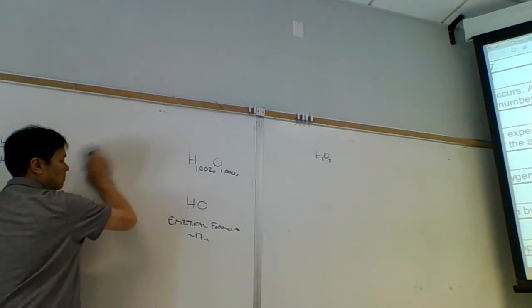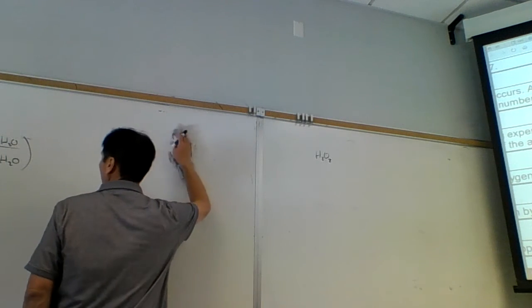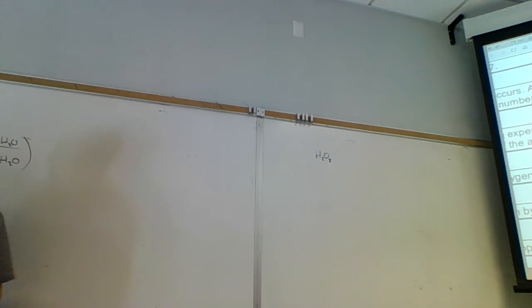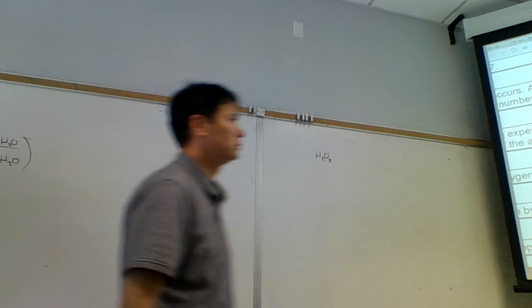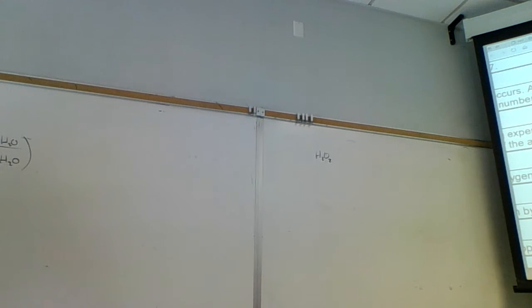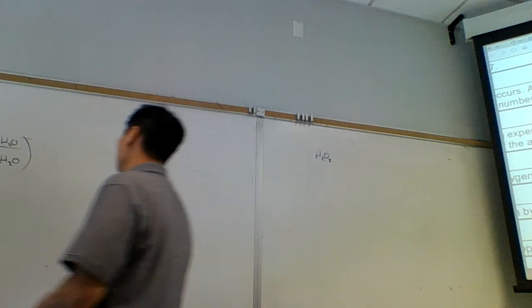Okay, now we have moles of water. And we have a mole percent here. What does this mole percent say? Yeah, how much of that specific water molecule is in water?